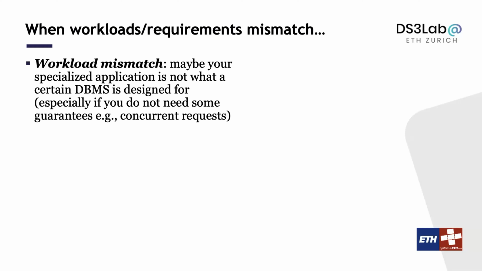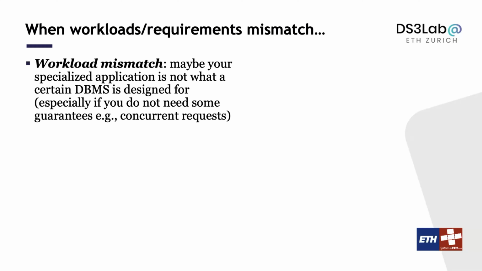One thing is workload mismatch, okay? As you are going to see, every single database management system has assumptions about how it models the data, okay? So for example, in the relational database we are going to talk about, we model the data as relations. You can think of them as tables, right?